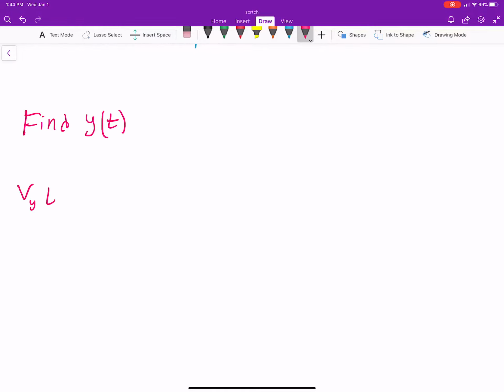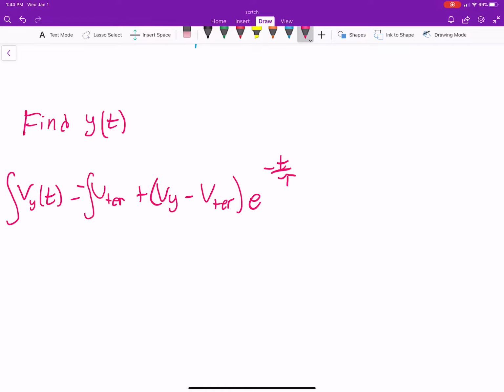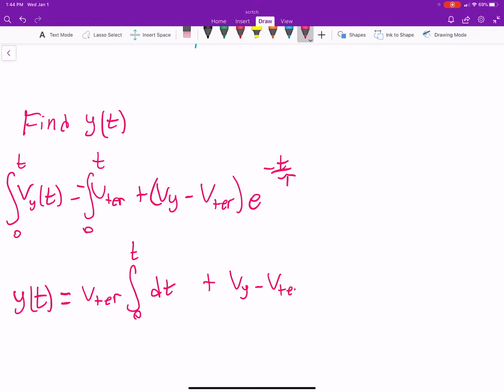Well, we found our velocity function. That was V terminal plus Vy minus V terminal e to the minus t over tau. All we have to do is integrate both sides. Y as a function of t is equal to V terminal, the integral from 0 to t, dt plus Vy minus V terminal, the integral from 0 to t e to the minus t over tau dt.